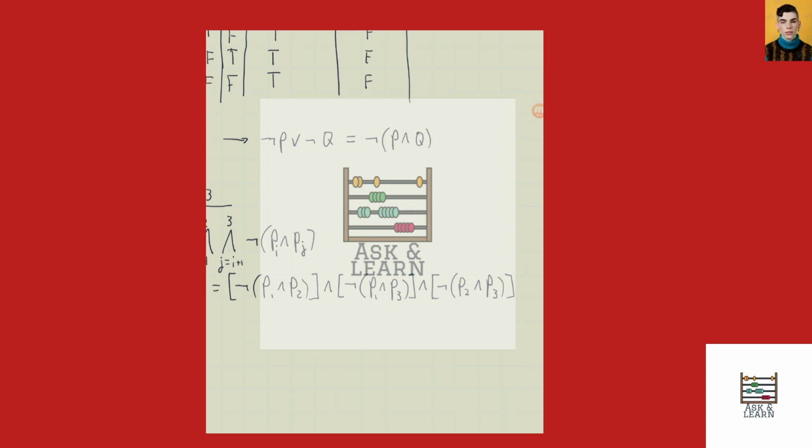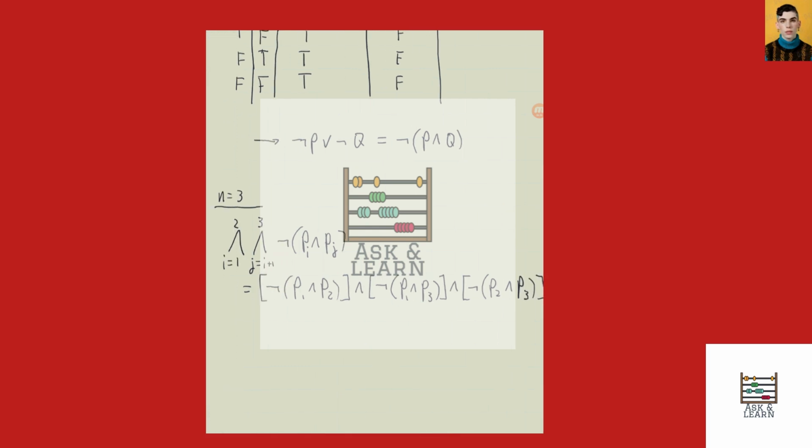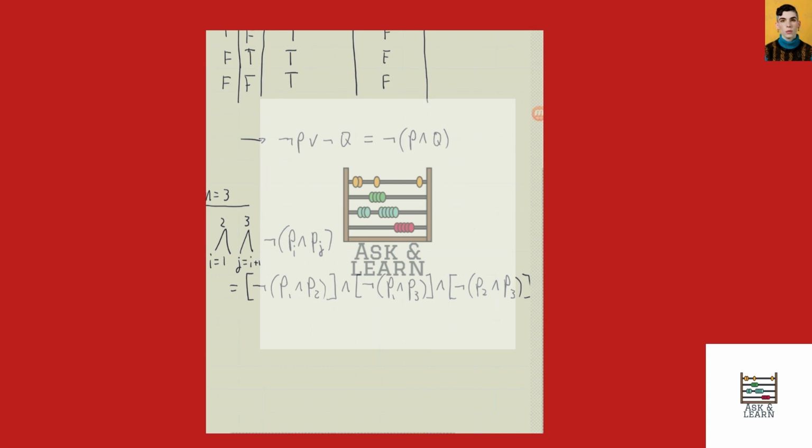Equivalently, if only one proposition is true, then all of the negations of these and statements would have to be true. Think about it carefully, but that is what we arrive at here.